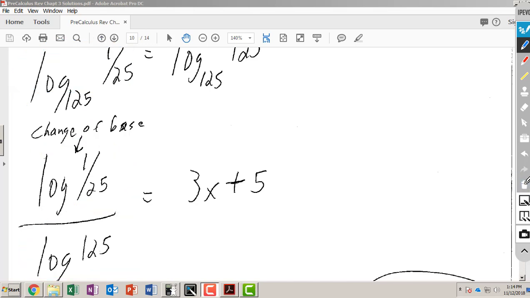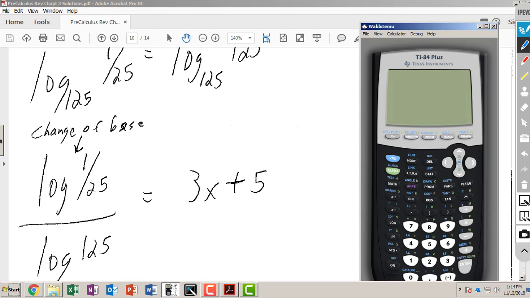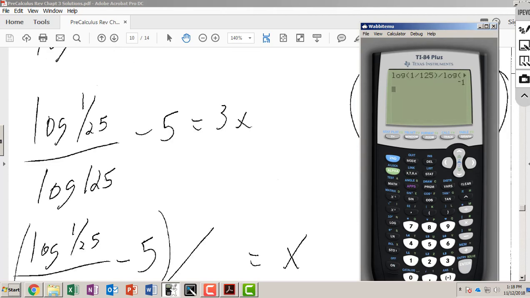So typing into my calculator using my change of base formula, I type in log of 1/25, and I'm going to divide that by log of 125. Okay, so it looks like I got negative 0.66666.